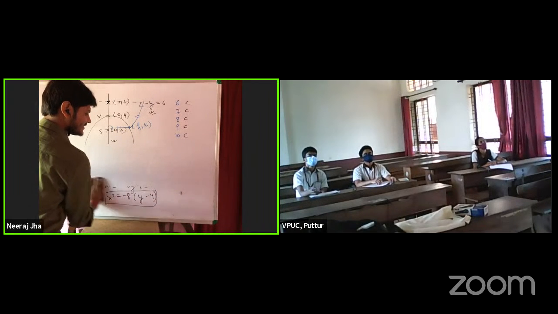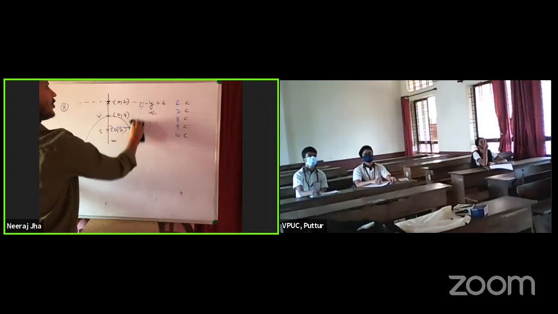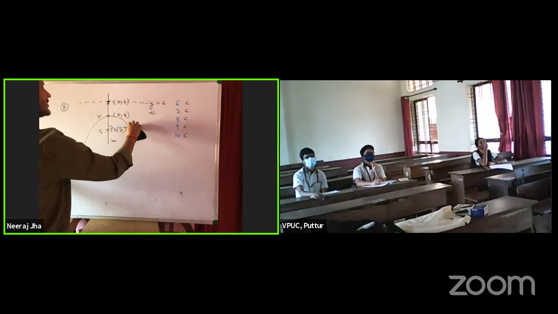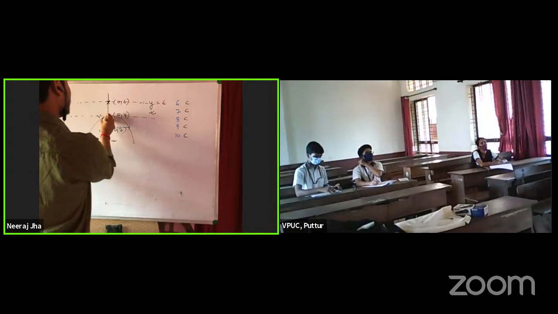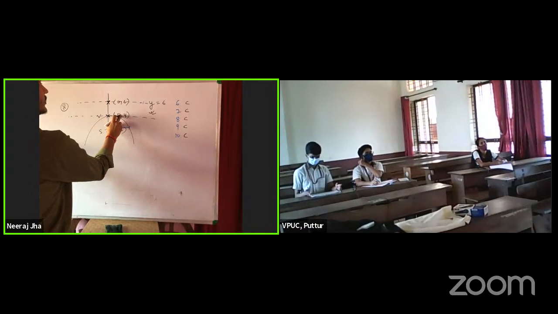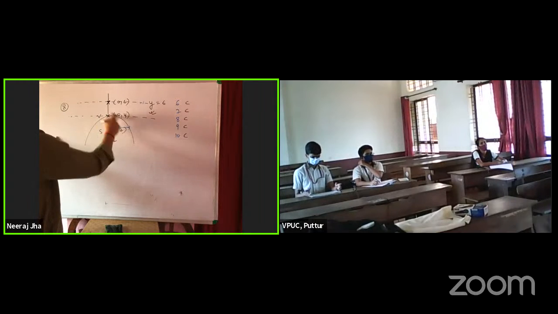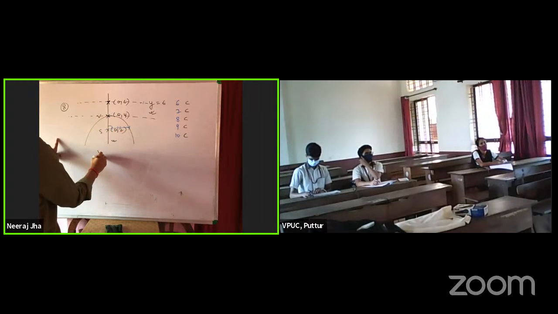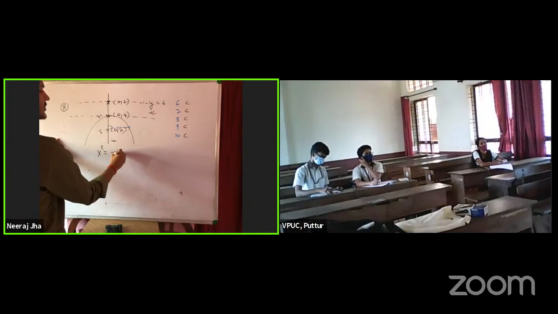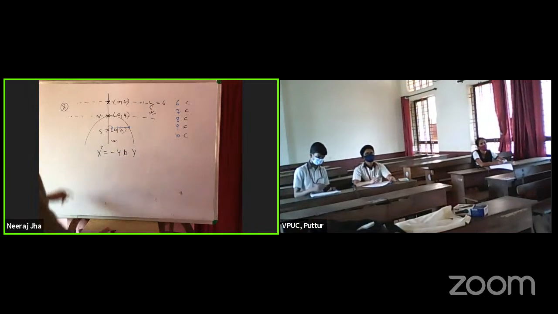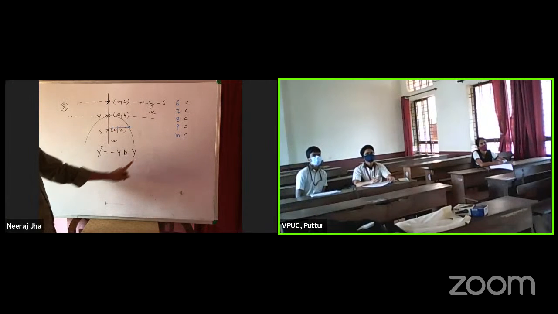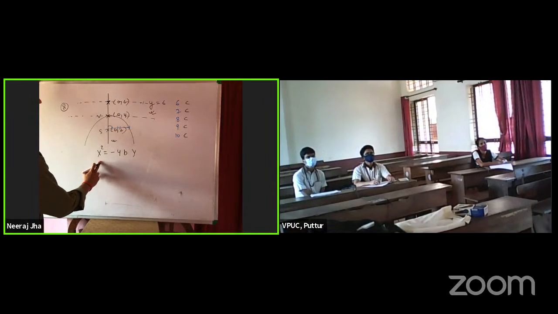See, while seeing this parabola, we already understand that its axis will pass through this vertex, which is 0, 4. So the nature of the parabola will be capital X square is equal to minus 4bY. This type of nature it will be. What is capital X, sir?